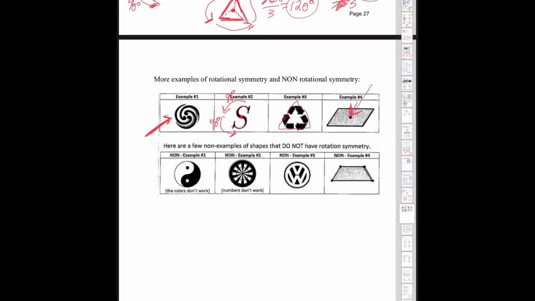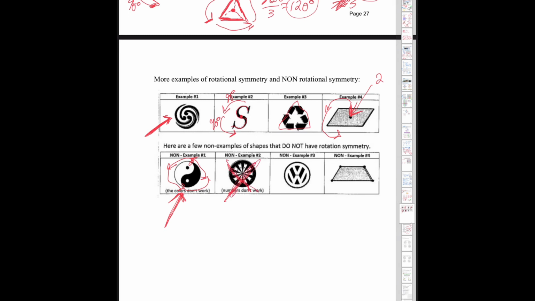And then again, we've discussed the parallelogram. We can do this twice. So 1, 2 times, and we are able to get that same figure. Non-rotational symmetry, we would never be able to make this the same image before getting to 360. So if we tried to spin this a bunch of times before we got back to the start, it would never look like the same image.